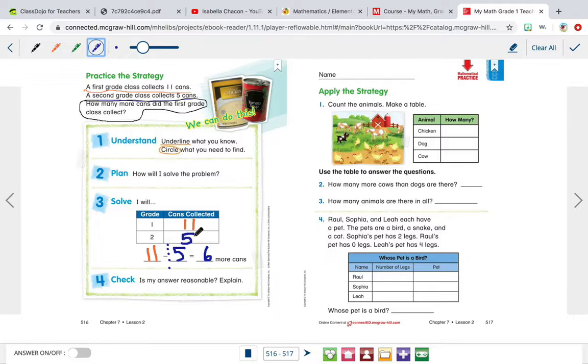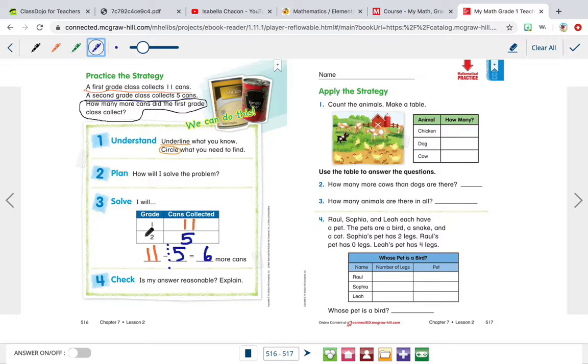You can tell that because second grade only collected 5 and first grade collected 11. We know that the difference between the two is 6 more cans. So first grade collected 6 more cans than second grade did.